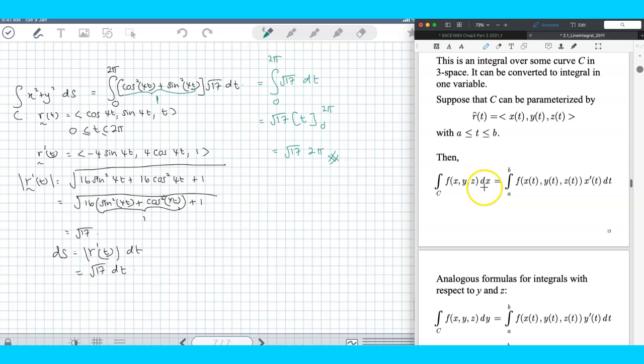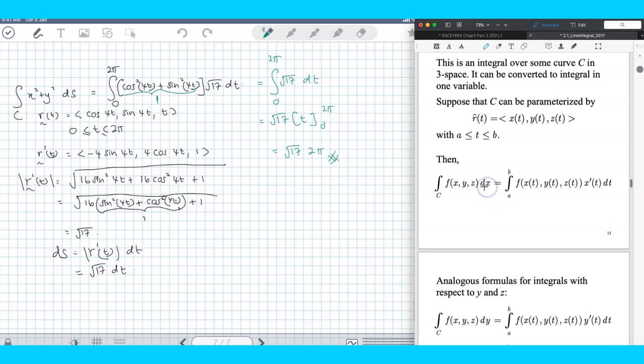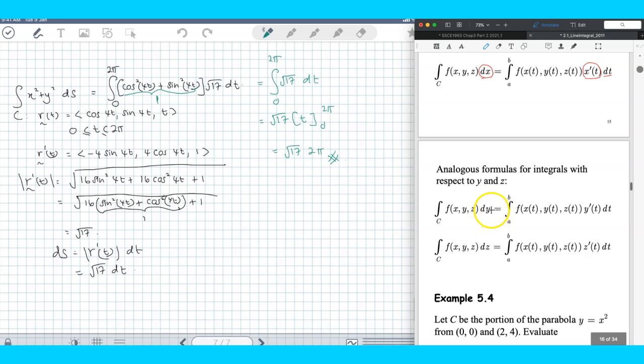Now look at here. If you have the line integral with respect to x, we just obtain the derivative of the x component, and immediately you have dt. If you have respect to y, you just find the derivative of the y component. But if you have z, then you just find the derivative of z, so your integration is in terms of t.